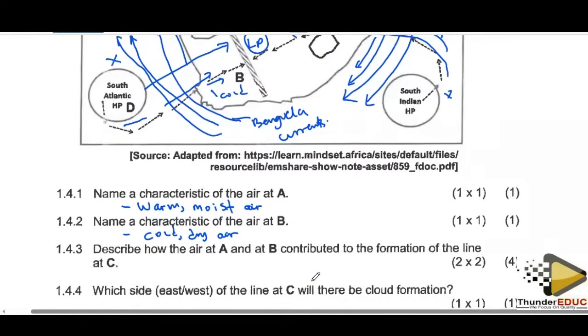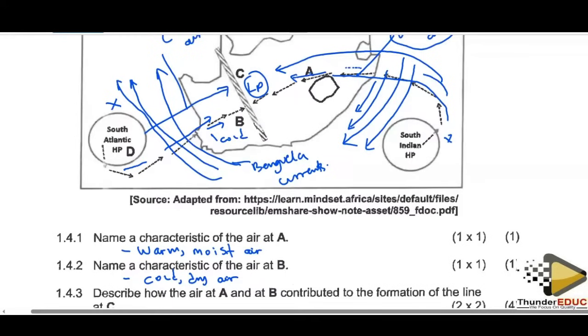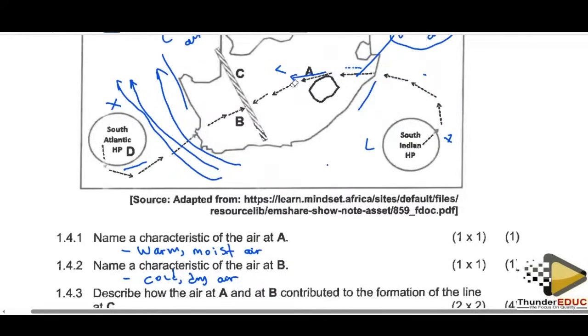Question 1.4.3, describe how the air at A and at B contributed to the formation of the line at C. All right, let me first try to make it look clearer.